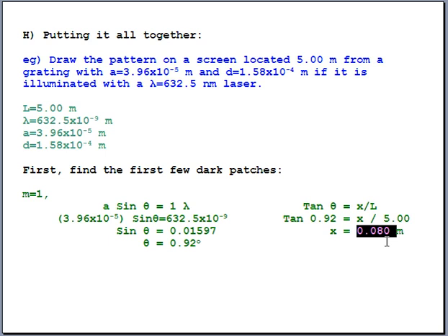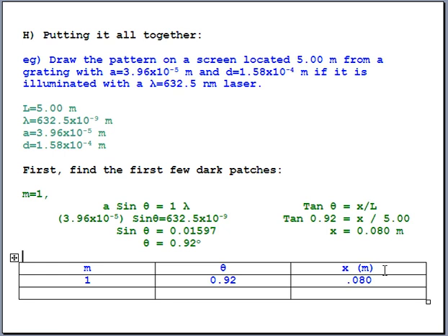But it is almost linear, meaning that if it's 8 centimeters to the first dark patch, it's pretty much going to be double that to the second one. It's not perfect, but it's really close. Close enough that that's what I'm going to do. So keeping track of the dark patches, if patch number 1 is at 0.92 degrees, it's double whatever your calculator was saying for patch number 2, and it's going to be 16 centimeters to the side. Pretty much perfectly doubled, so close that you can go with it.